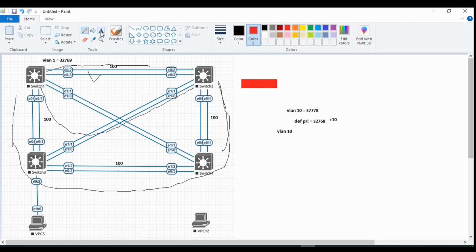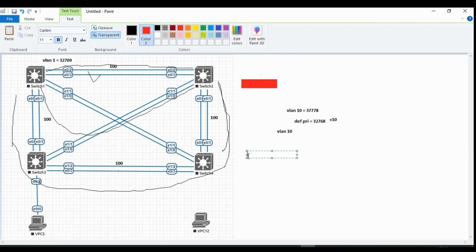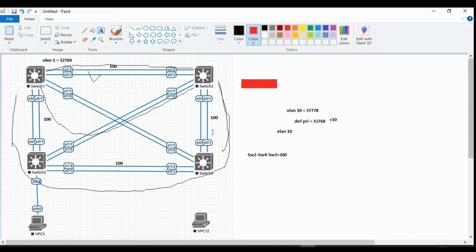So let me write the route down here: switch 2, switch 4, switch 3. Cost is 300, right? Because the cost of this link is 100, this link is 100, and this link is 100. Once we combine everything, the total cost of this first link becomes 300.